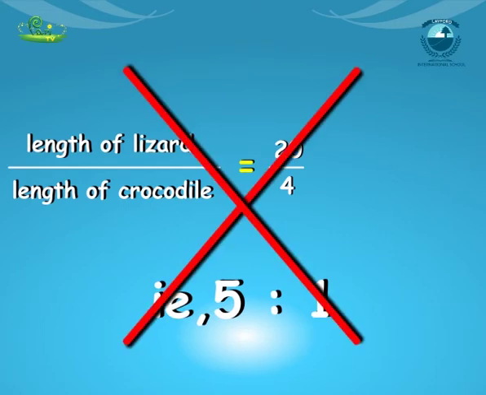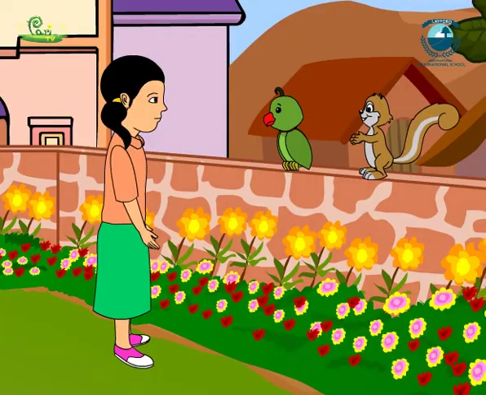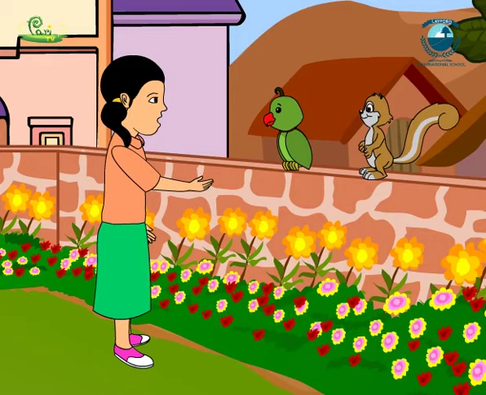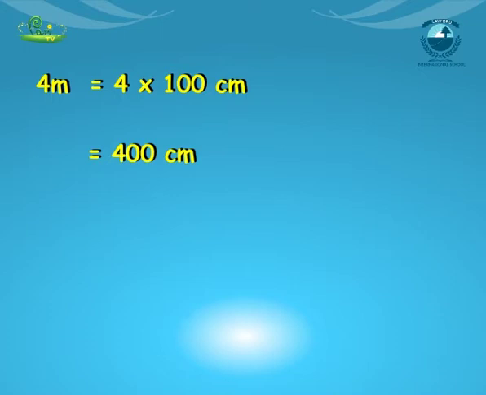No, it is not like this. A house lizard can't be bigger than a crocodile. So where am I wrong? While comparing two things, the two quantities should be in the same unit. Here we will first convert the length of a crocodile into centimeter. So 4 meter is equal to 4 into 100 centimeter, and that is equal to 400 centimeter.